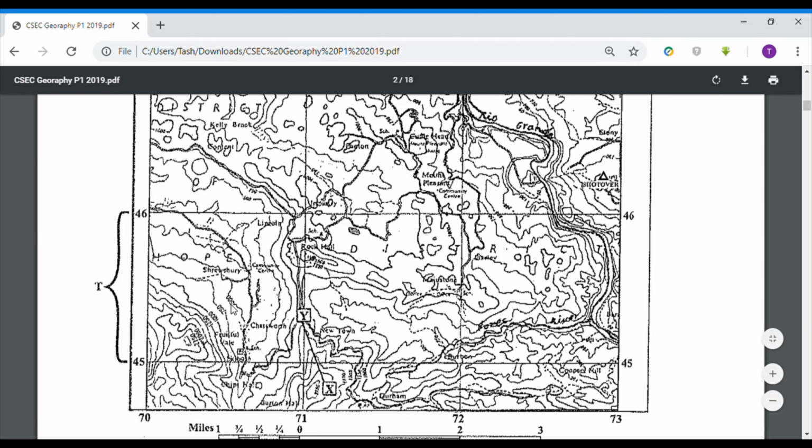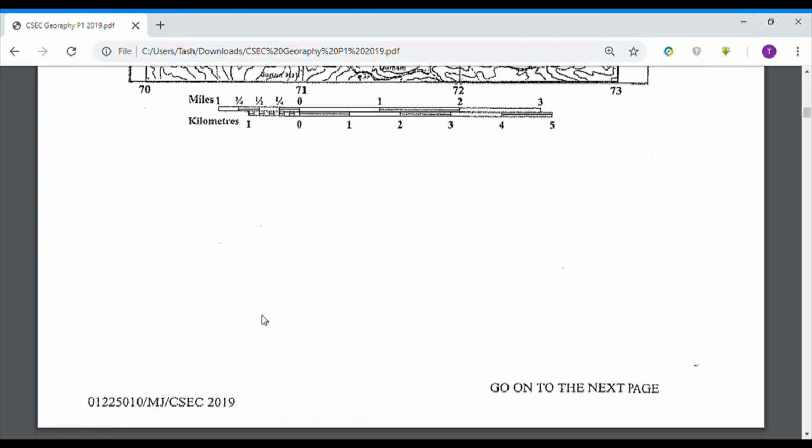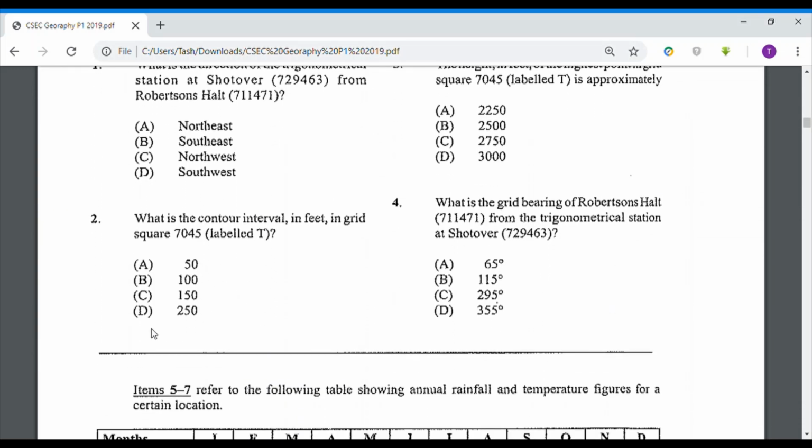The numbers that are there, we're seeing 500, 750, 1000. So the interval is basically when you take away the numbers, you see how much is in between. So that would have been 250 in between. That would have been the contour interval. So back to the question. Your answer is there, 250. So number 2 would have been D.